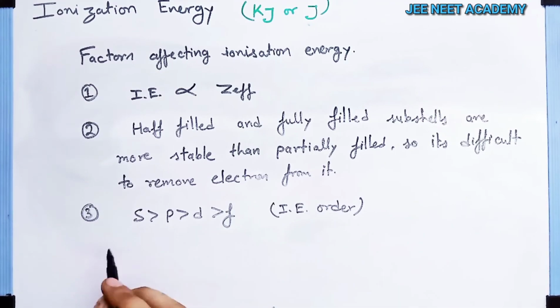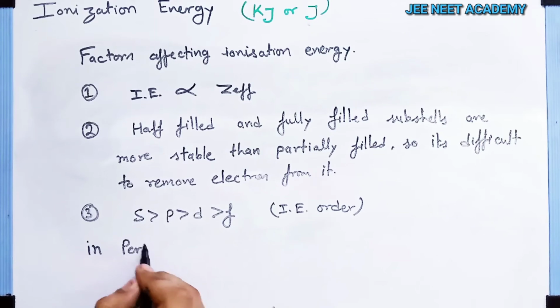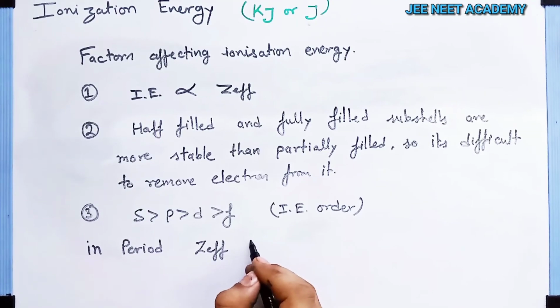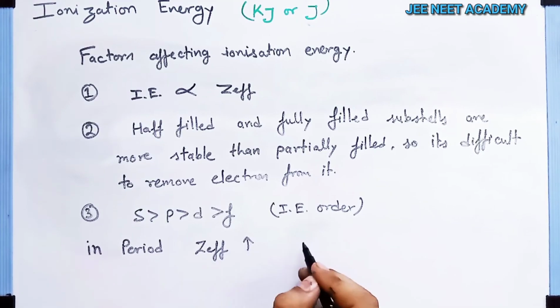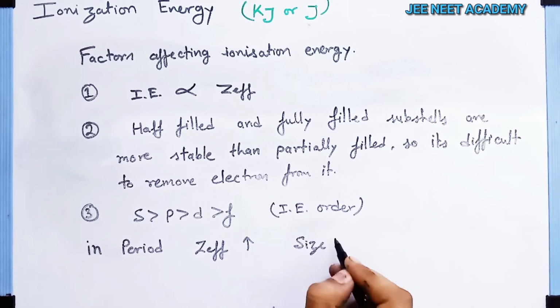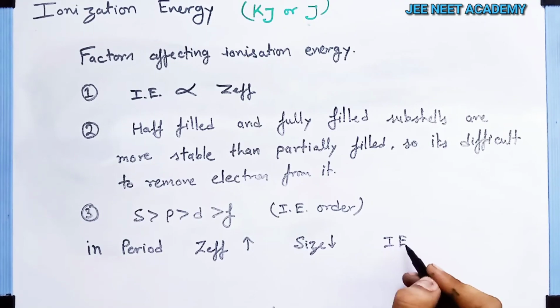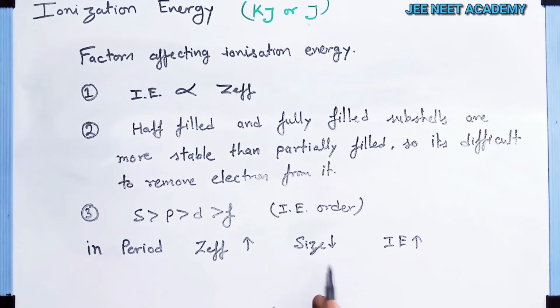Now in a period, Z effective, we know that in a period it increases, size will decrease, and then because of the size, ionization energy will increase. Size is decreasing, so it will need more ionization energy to remove one electron.